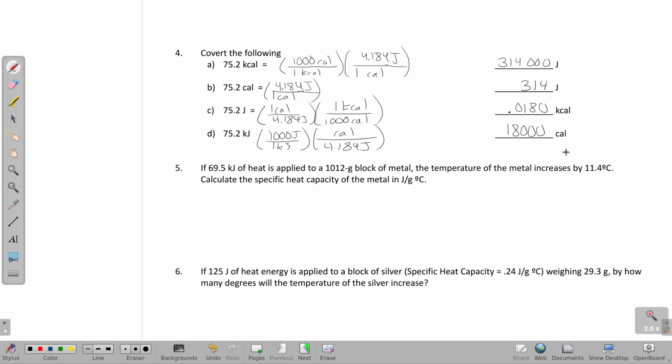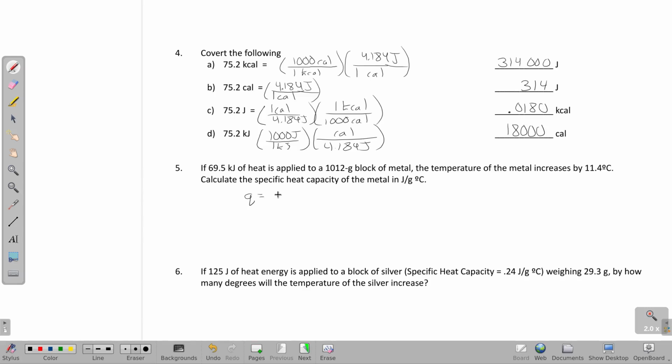Okay, number 5. If 69.5 kilojoules of heat is applied to a 1,012 gram block of metal, and the temperature of the metal increases by 11.4 degrees, we want to calculate specific heat. All right, so we have our basic equation.